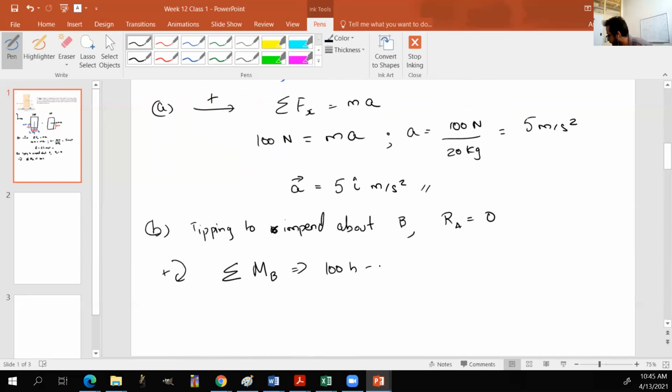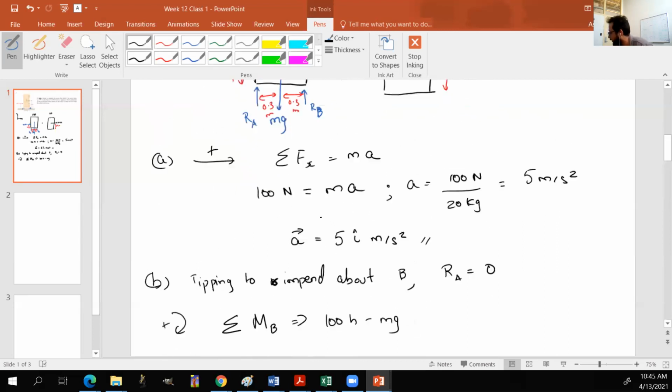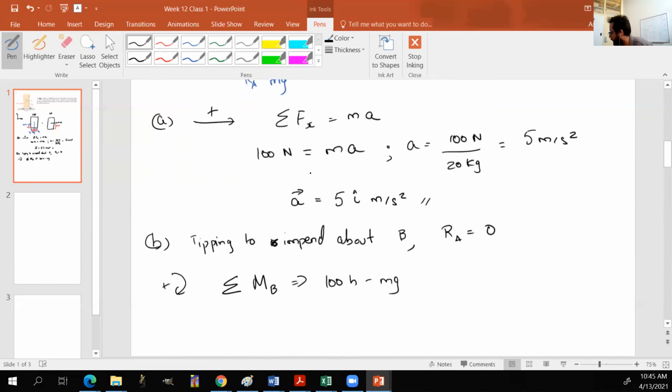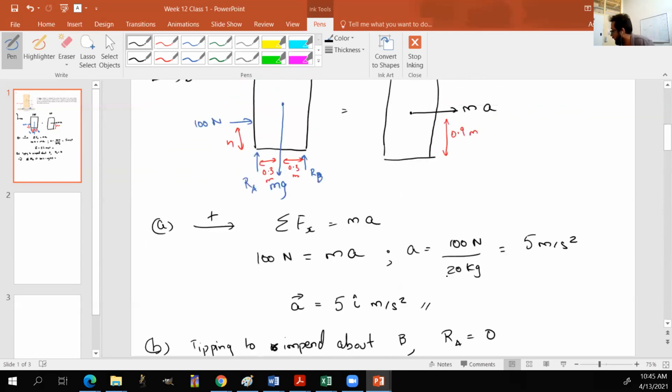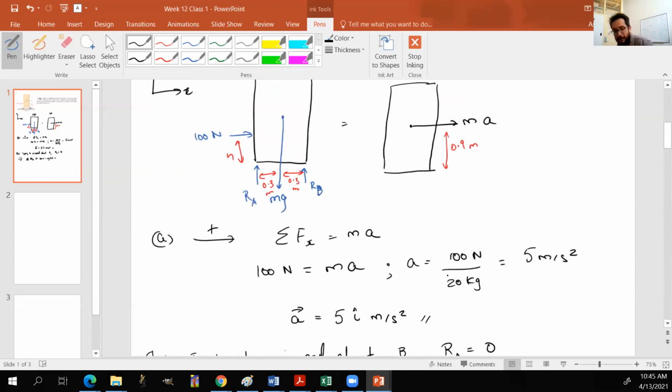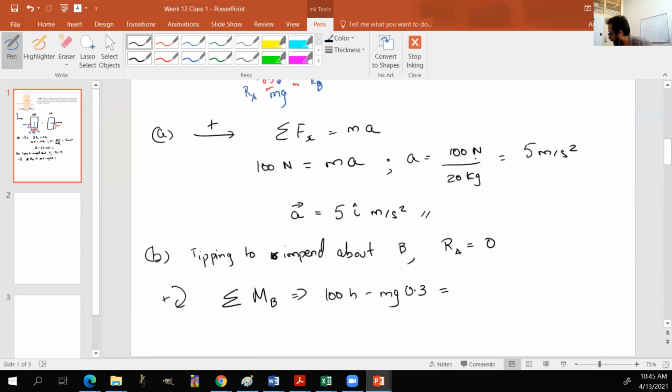So minus mg, and the perpendicular distance to mg is 0.3 from the point B. This is equal to MA times 0.9, the perpendicular distance, and that's positive as well because that's clockwise.